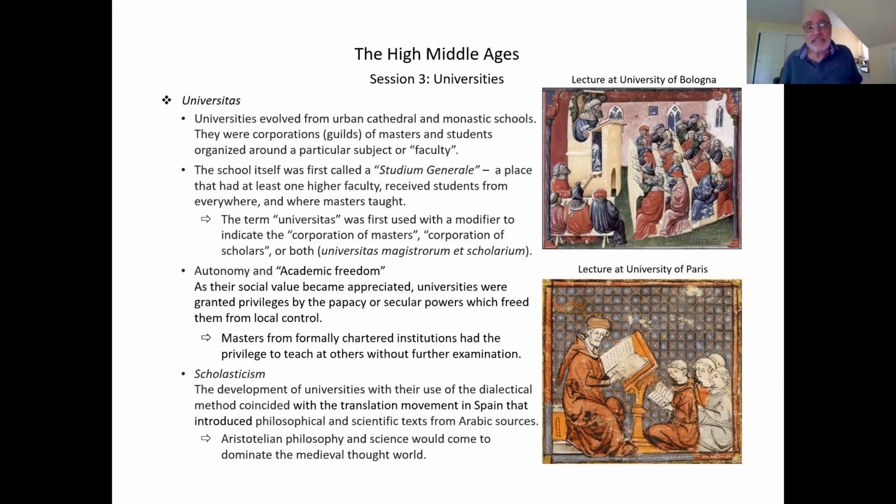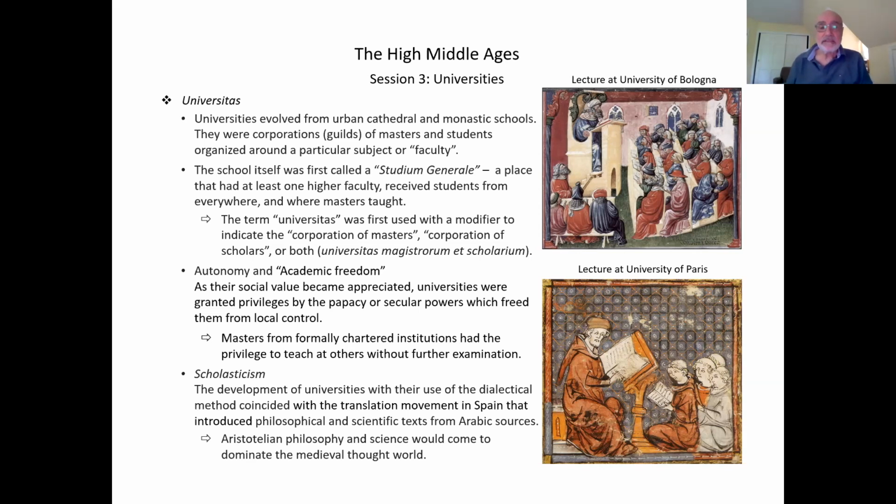And so university took its meaning from the longer phrase. They were autonomous institutions, or tried to be, and the whole principle of academic freedom, which develops in Europe and which is somewhat unique to Europe in this period, is a hallmark of the institution.